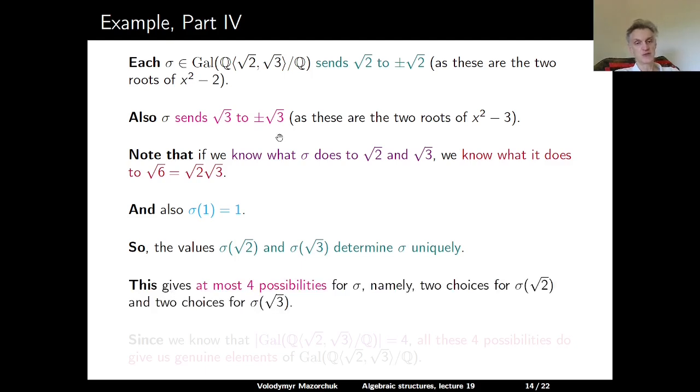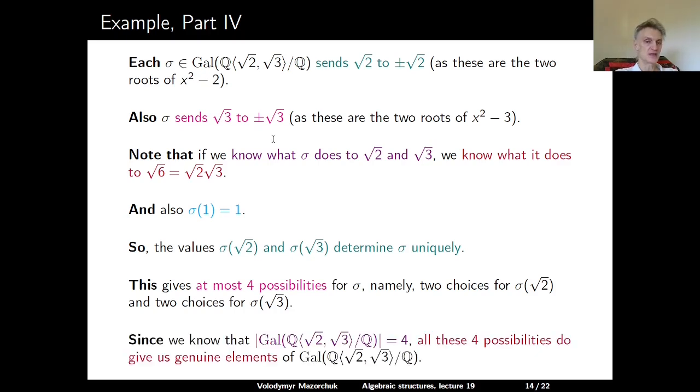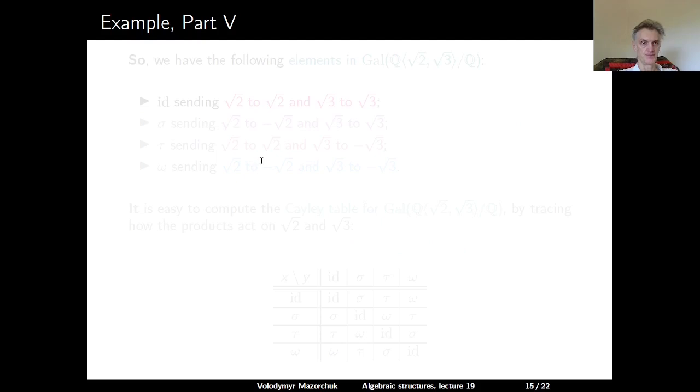So this gives at most 4 possibilities for sigma. So we have 2 choices for the value at the square root of 2 and 2 choices for the value at the square root of 3. Since we know that the Galois group does have 4 elements, all these 4 possibilities are realizable, so they give us 4 different elements in our big Galois group.